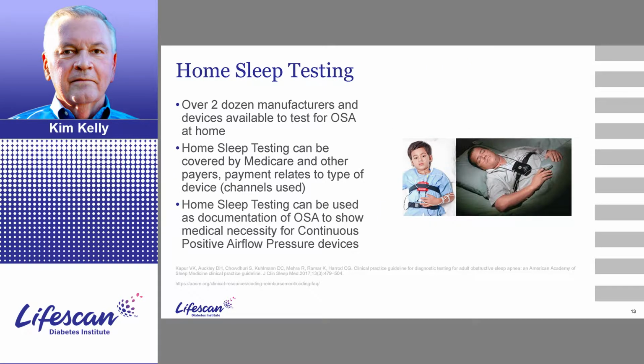Over 24 manufacturers are out there making devices that you can use at home to test for sleep apnea. Home sleep testing has been covered by Medicare since 2009, as well as by other payers.